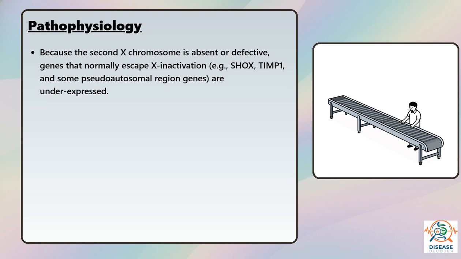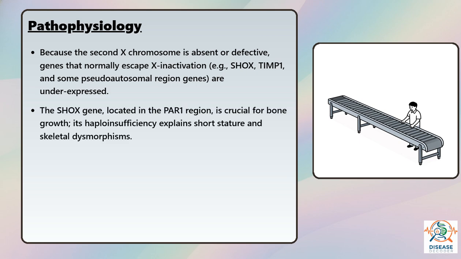Because the second X chromosome is absent or defective, genes that normally escape X inactivation, for example SHOX, TIMP1, and some pseudoautosomal region genes, are underexpressed. The SHOX gene, located in the PAR1 region, is crucial for bone growth.